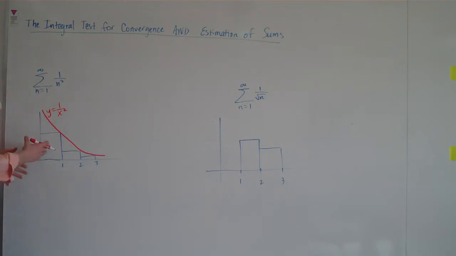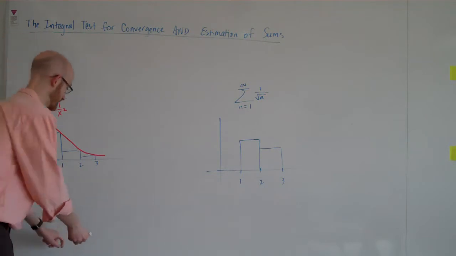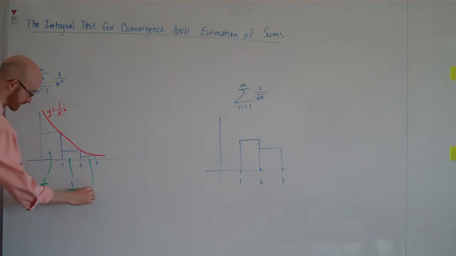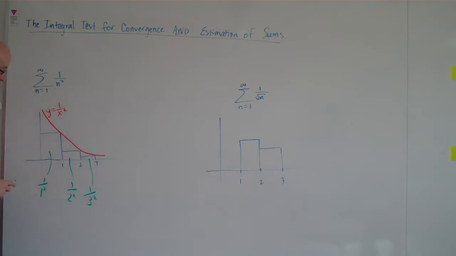Where did this come from? Think about the area of that: this area is going to be 1 over 1 squared, this area will be 1 over 2 squared, that area will be 1 over 3 squared. So it's just showing this infinite sum as an area model.